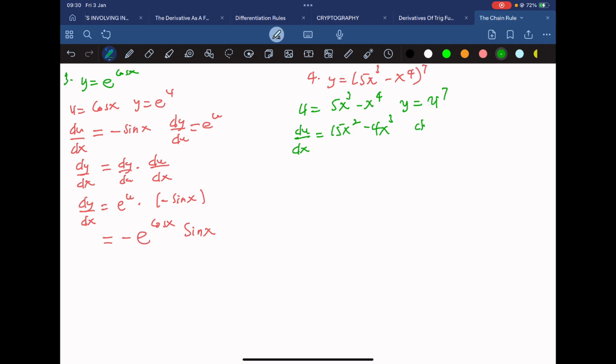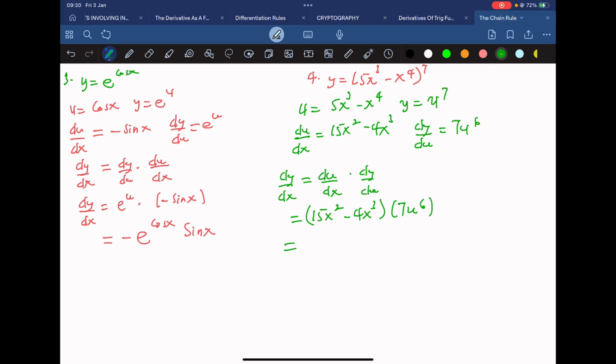Now, if we differentiate y with respect to u, using the power rule, we have 7u to the 6th. So we have dy/dx equal to du/dx times dy/du. So in that case, du/dx, what did we get? We had 15x squared minus 4x cubed. Then dy/du, we had 7u to the 6th.